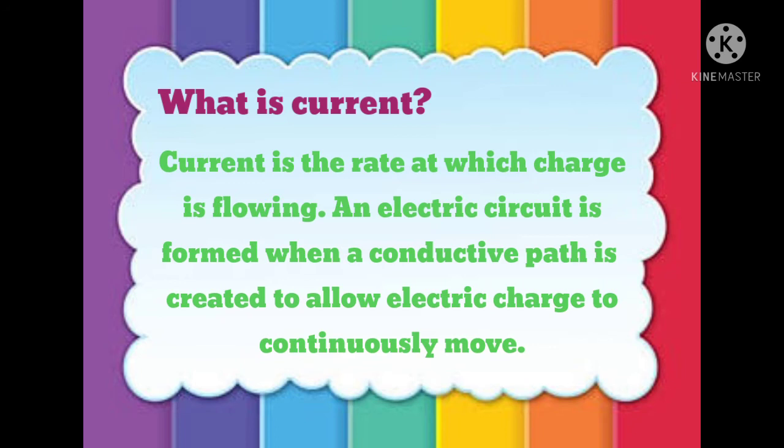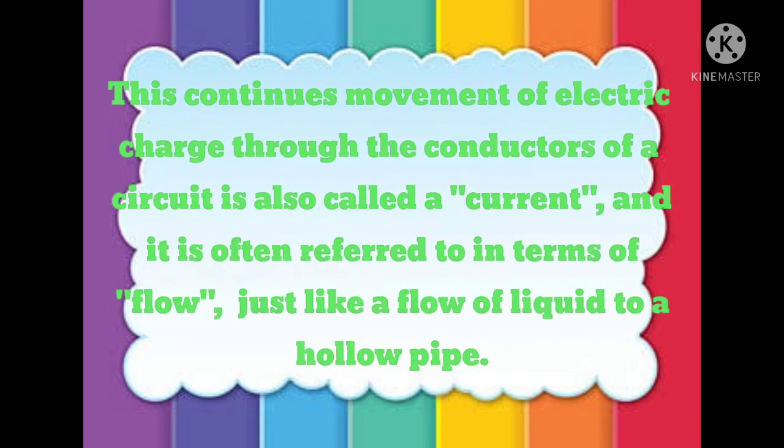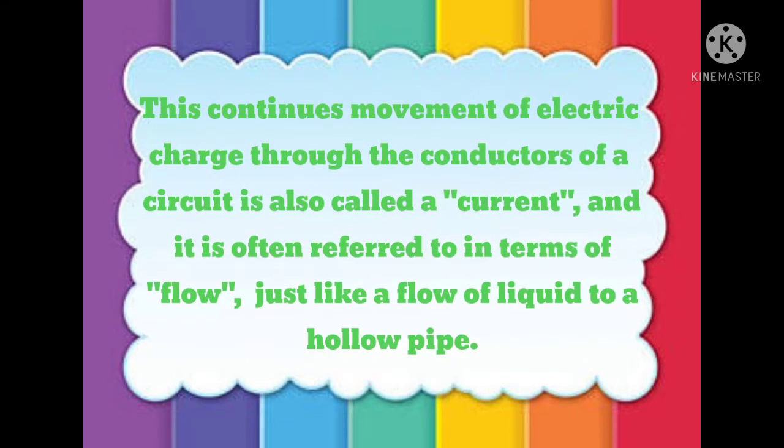An electric circuit is formed when a conductive path is created to allow electric charge to continuously move. This continuous movement of electric charge through the conductors of a circuit is also called a current, and it is often referred to in terms of flow, just like a flow of liquid through a hollow pipe.